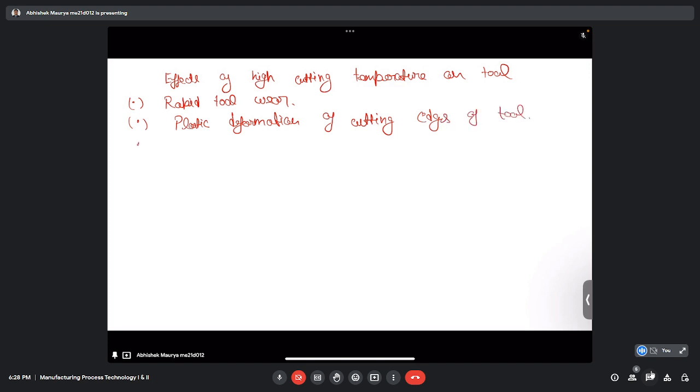And the next one is, sometimes because of thermal shock, a rapid rise in temperature and then rapid cooling, a fracture takes place on the cutting edges of the tool. So our tool gets damaged. That is thermal cracking of the cutting edges of the tool.